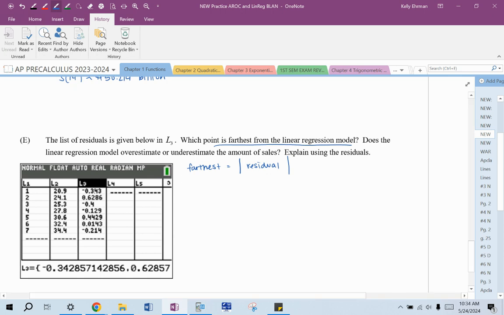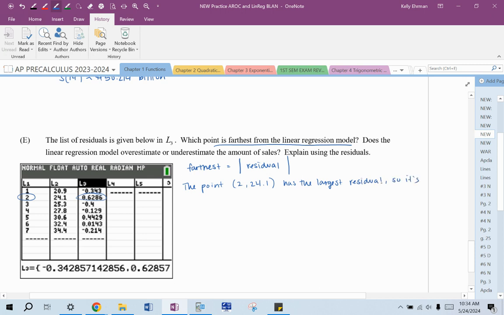So let's take a look at just overall. Negative 0.3, negative 0.6 so far is my winner, or positive 0.6 is my winner. So yeah, it is a positive residual anyway, so I didn't need the absolute value. But if that were negative, that would still be the greatest distance. So that was when x equals 2. So the point 2, 24.1 has the largest residual.